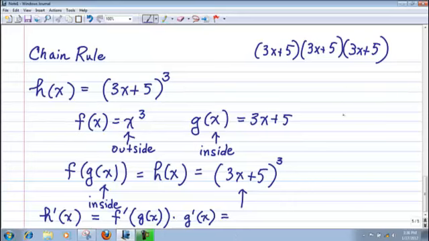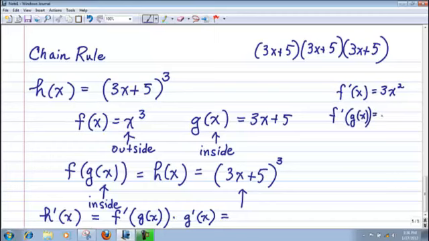So f prime evaluated at g of x, if I just off to the side say, all right, well, f prime will be the derivative of x cubed. So that's just 3 times x squared.